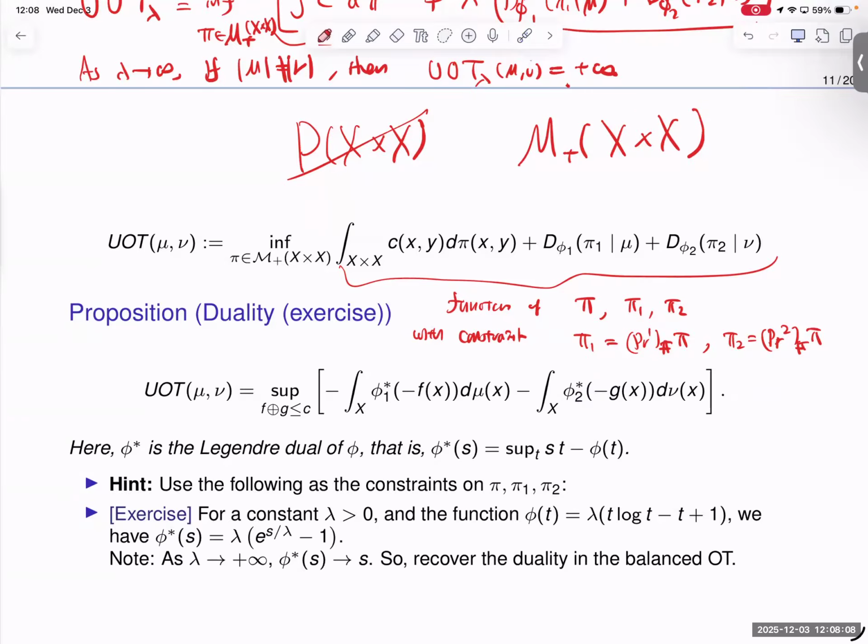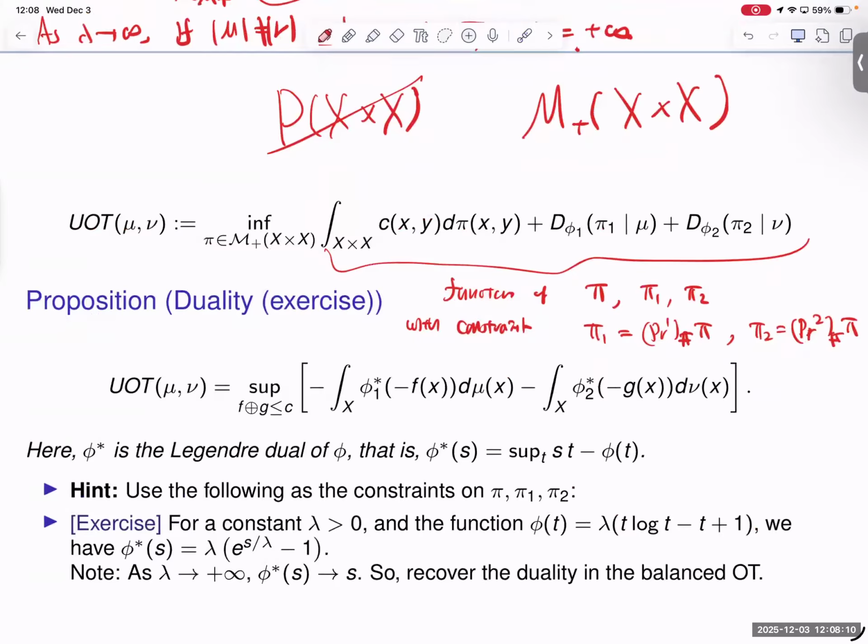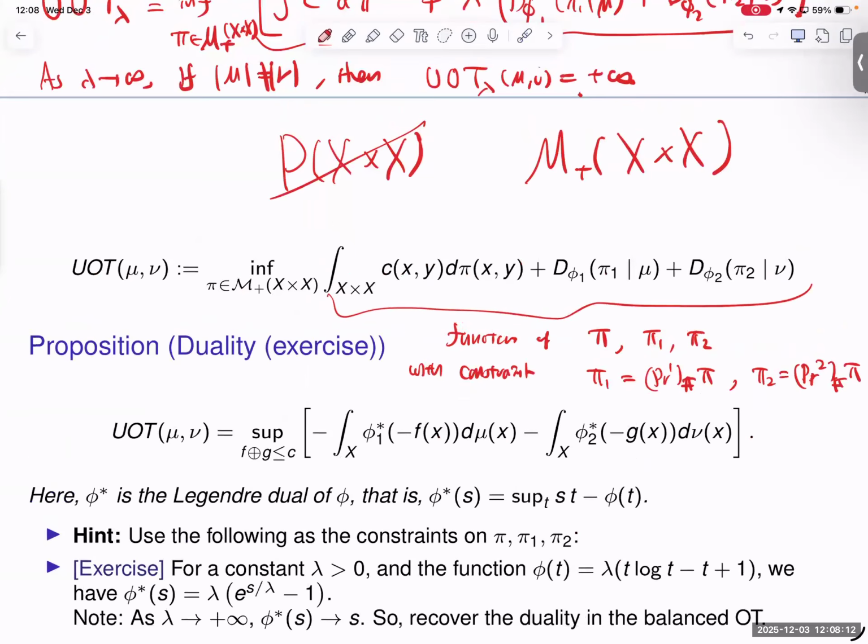So you can do something like this. This problem can be written as the infimum over pi in M plus, but pi 1, pi 2 also in M plus, on X times X.